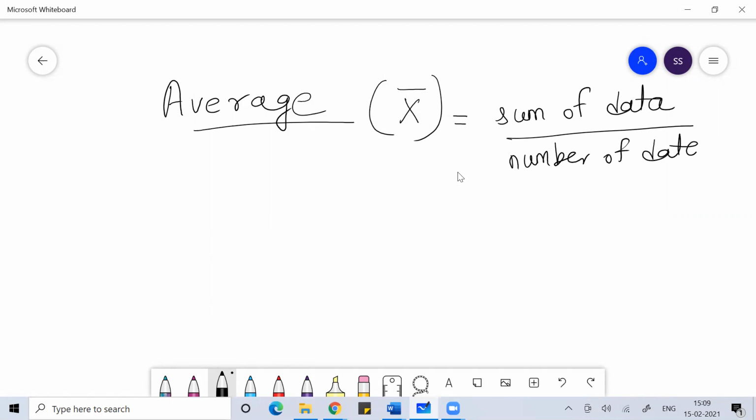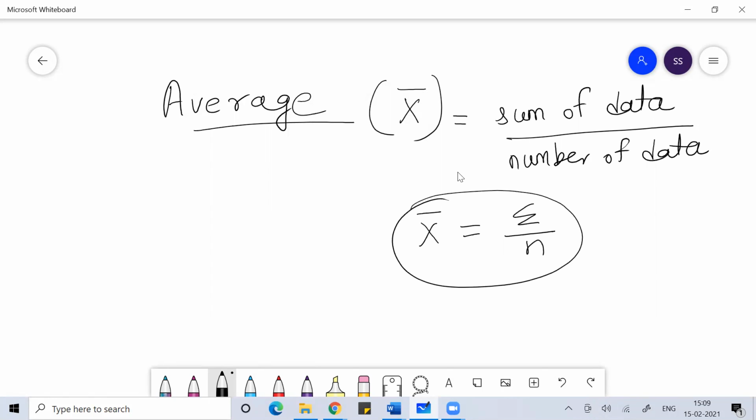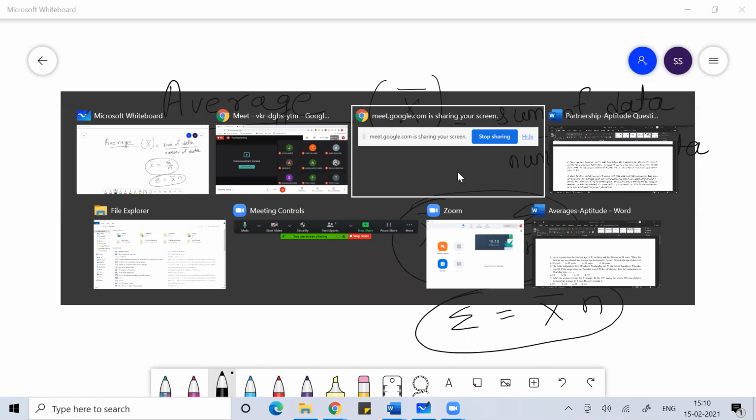So whenever we solve any problem on average, generally we use arithmetic mean only, with the formula: average is equal to sum divided by number. So I can say sum is equal to average into number. This is the formula of sum. Fine. Very generic formula and very basic concept.